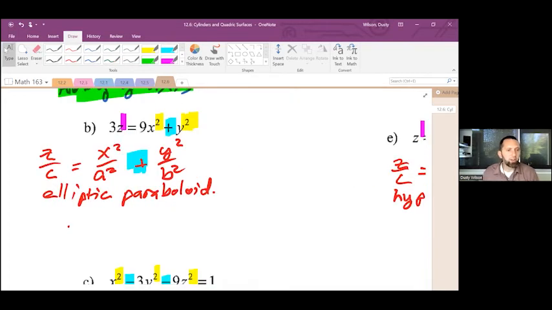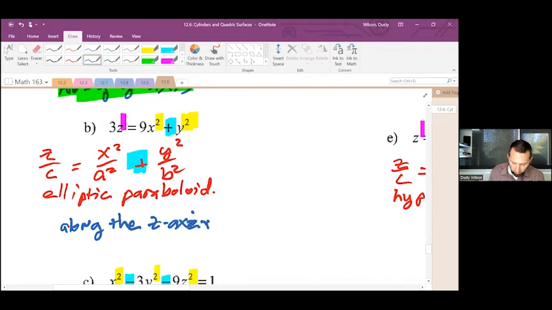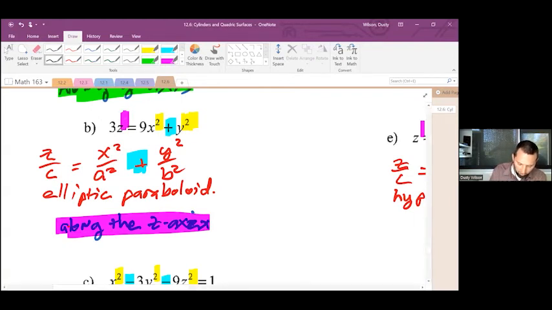In B, we have an elliptic paraboloid, and our elliptic paraboloid has just that z with a single variable. So here we will be along the z-axis. Again, the reason it's going to be along the z-axis is because the z just has a power 1. That's kind of the variable that's showing up for us.